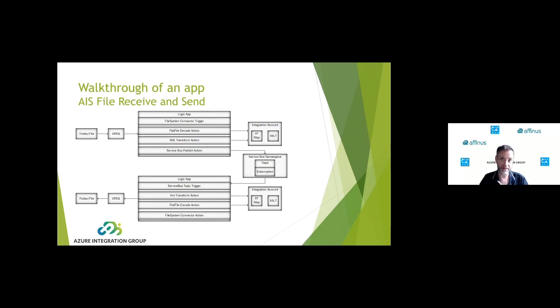You could use the Azure file connector to go to a file storage, but for most people, when they're recreating something they have in BizTalk in logic apps, they have a file share. I want to pick up a file from a file share. So the on-premise data gateway, if you're not familiar with it, is a service that you install on an on-premises server, and it uses Azure Service Bus Relay to effectively do a reverse proxy.